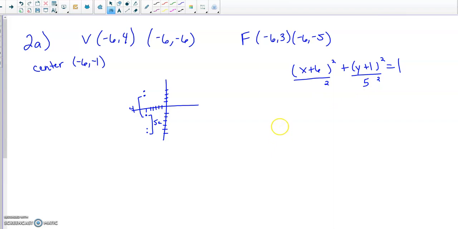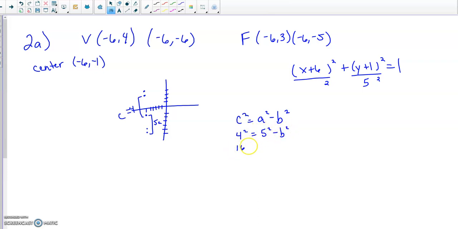Now, we got to go find our B value, because remember, focus is our C. So it's C squared equals A squared minus B squared. So 4 squared equals 5 squared minus B squared.